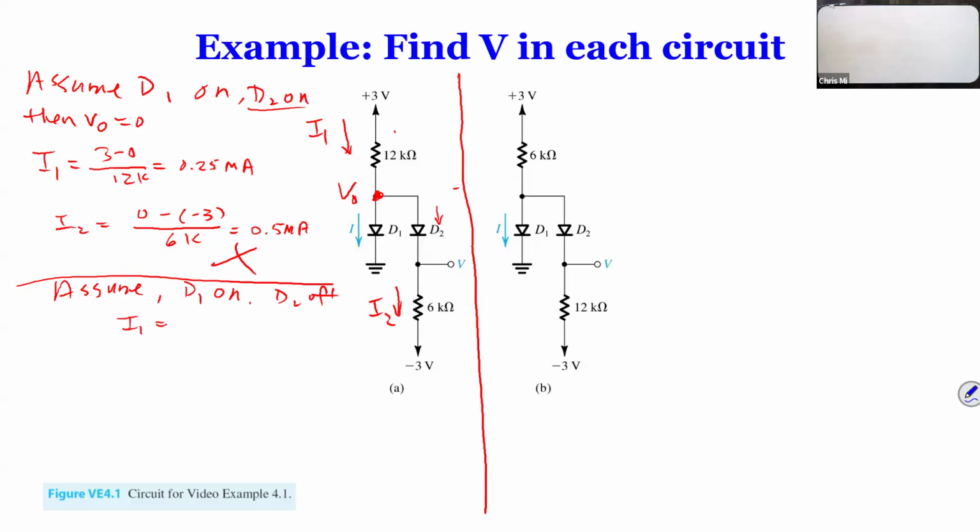I1 is going to be the same, 0.25. Of course, that current can go through D1, that's okay. But the problem is, if D2 is off, what is the voltage at V?